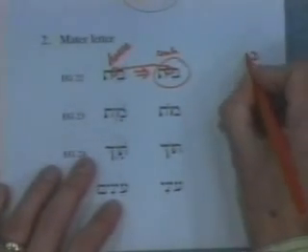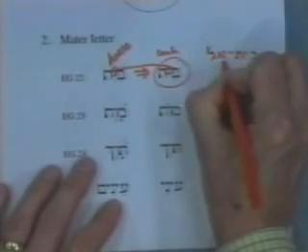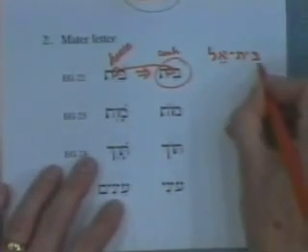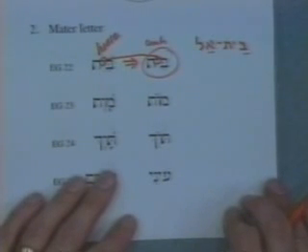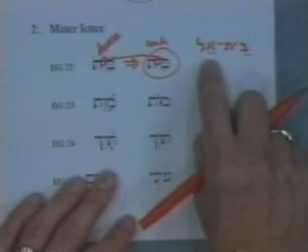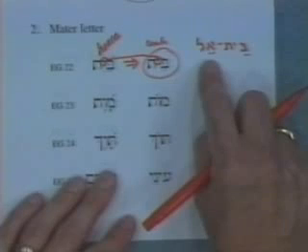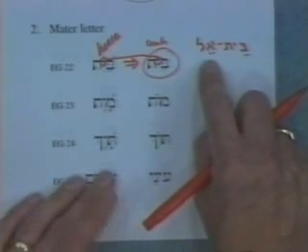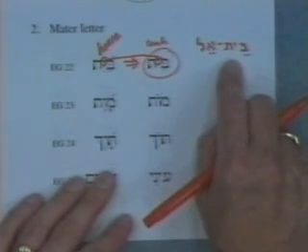Because it occurs in construct chains like Beth El. What does Beth El mean? Yeah, you probably read this in the Bible as Bethel, but it's Beth El. El is related to Elohim. It's the word for God. So Beth El means house of, construct form, house of God.